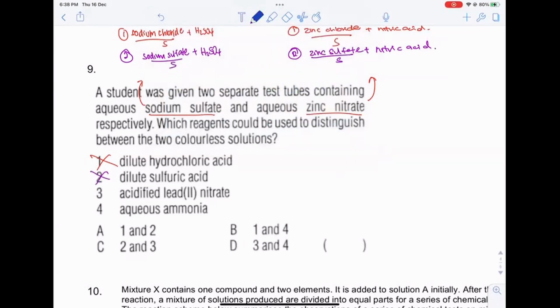Number 3, acidified lead-2 nitrate. So for zinc nitrate, you'll get zinc nitrate plus lead-2 nitrate. Oh, sorry, I need to shift this over.